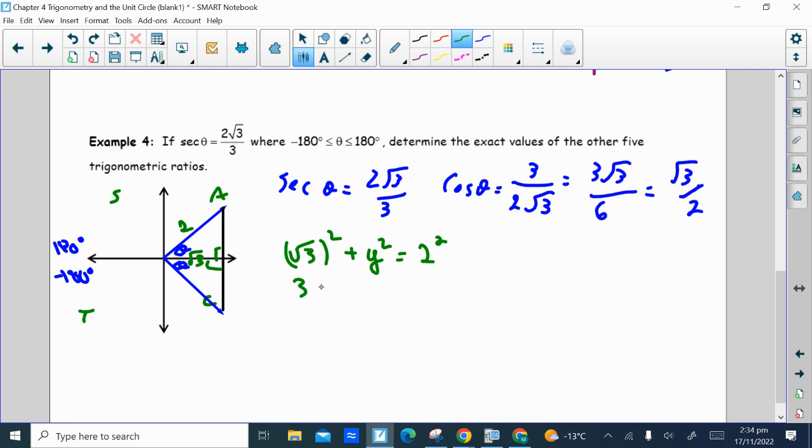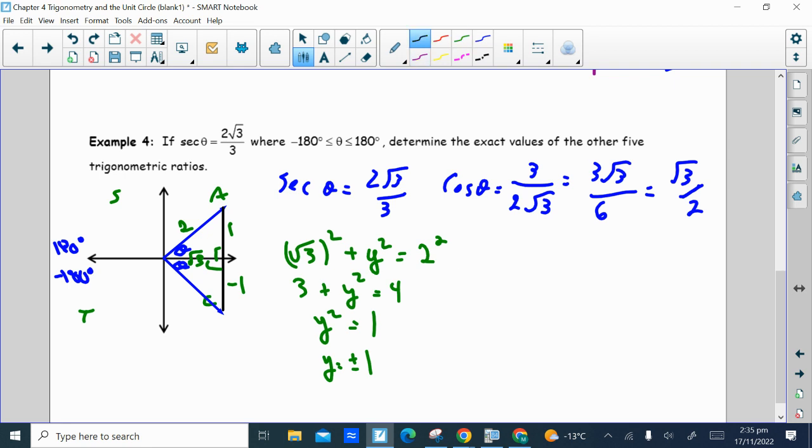Root 3 all squared is 3 plus y squared equals 4. Y squared equals 1. So y will equal positive and negative 1. Positive 1 in the first quadrant, negative 1 in the fourth quadrant, because we're going downwards from the x-axis. Again, this is the only way that the CAST rule will be satisfied.